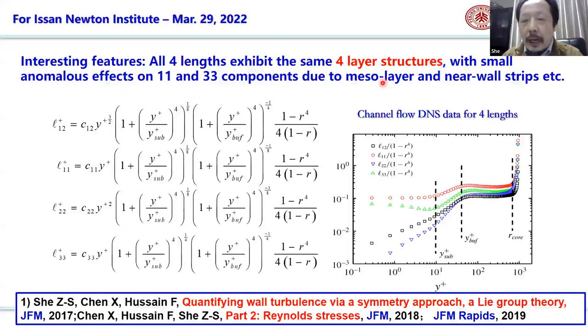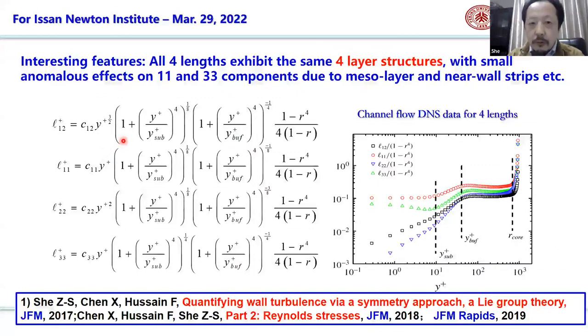Earlier Ivan Marusic talked about large scale structure; they are essentially the same thing. The large scale structures create a meso layer, and for the span-wise component there are near-wall streaks. These two kinds of structures generate slight anomalous effects on this formula, but they are small.